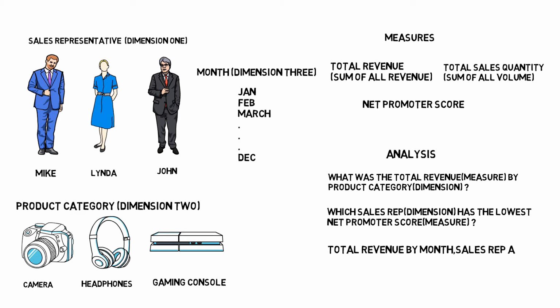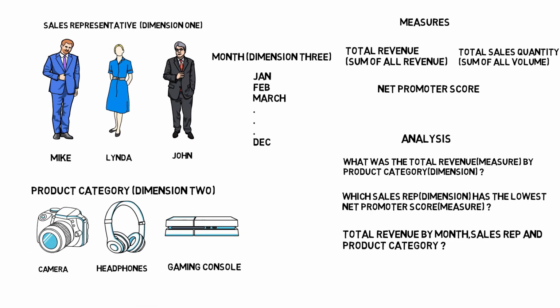Or you can just choose to combine all the dimensions and look at the revenue distribution by month, sales rep, and product category. This will help you analyze different slices of data like, for example, for the month of March, John generated $15,000 in revenue by selling cameras. You can then use this information to compare it with other sales reps and understand how they are doing for the same segment, which is cameras.